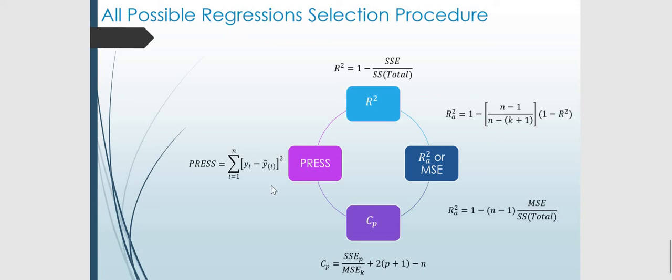So what does this formula mean? We have y_i minus y-hat_i with i in brackets for the second term.